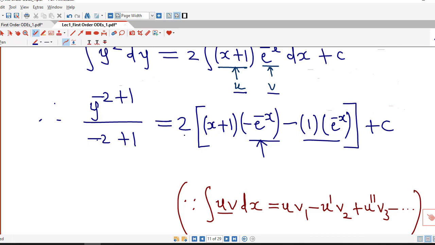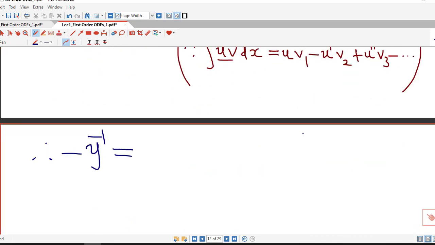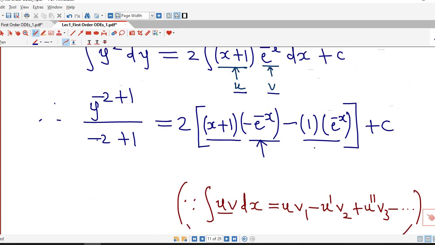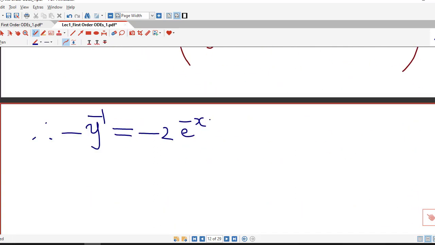So we have 2 times minus e raised to minus x times the bracket with x plus 1 and plus 1, plus c.